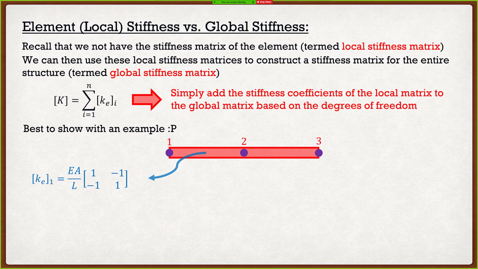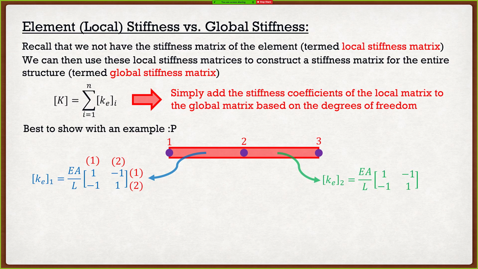However, in these local stiffness matrices, if we consider one element, it only has 2 degrees of freedom. So what we're going to do is relate the degrees of freedom of our elements to the degrees of freedom of our structure. If we look at this first element, it goes from node 1 to 2. Therefore, it's associated with degrees of freedom U1 and U2. Makes sense. So I'm just going to index my matrices as 1 and 2. Nice and easy.